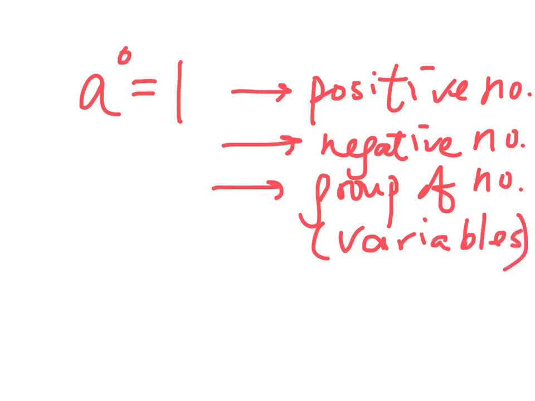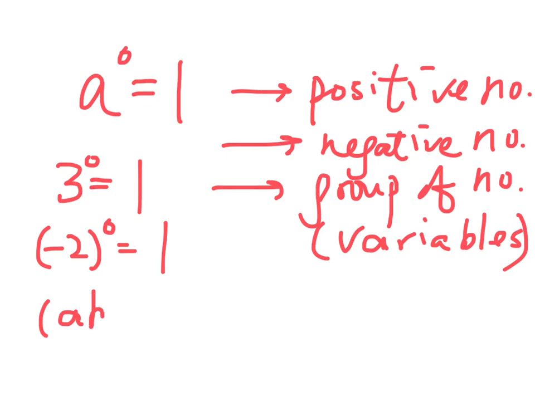That means 3 to the power 0 is 1. Negative 2 to the power 0 is equal to 1. ab squared c to the power 0 also equals 1.